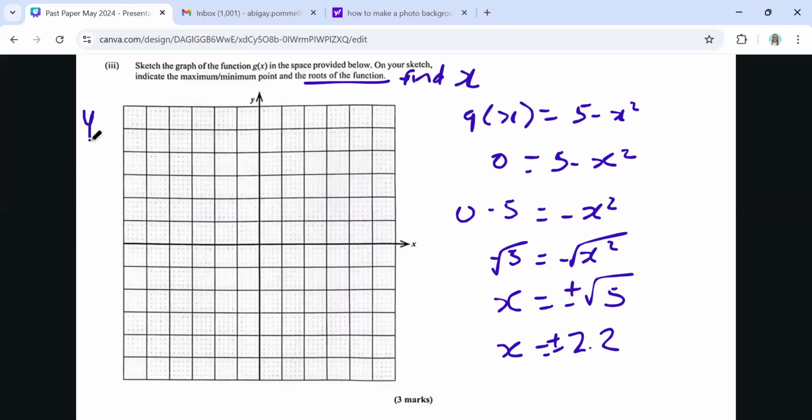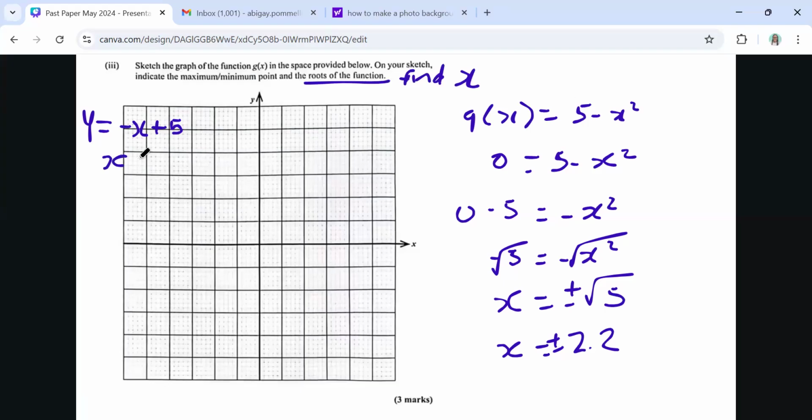So it is y equal, I'm going to switch these around, negative x squared plus 5. Good. Still going to find out what x is.